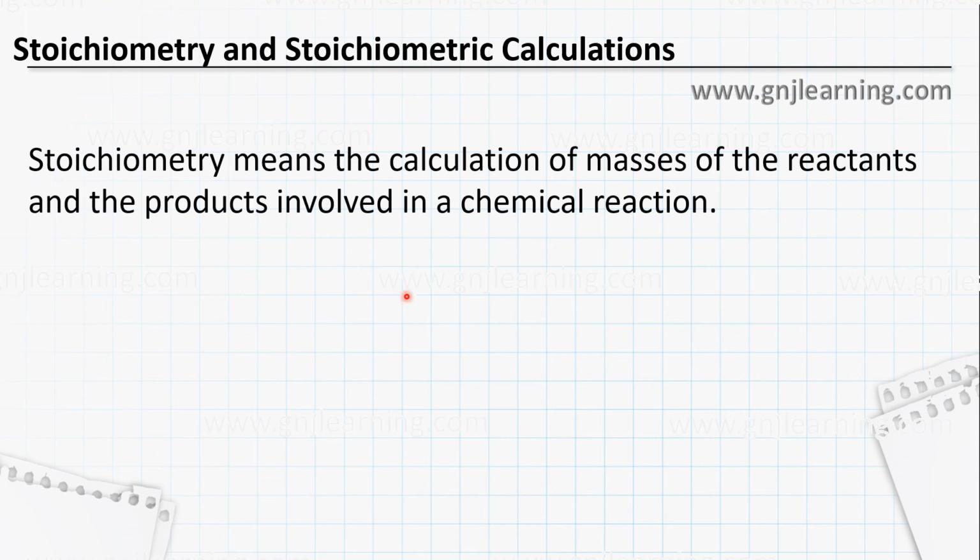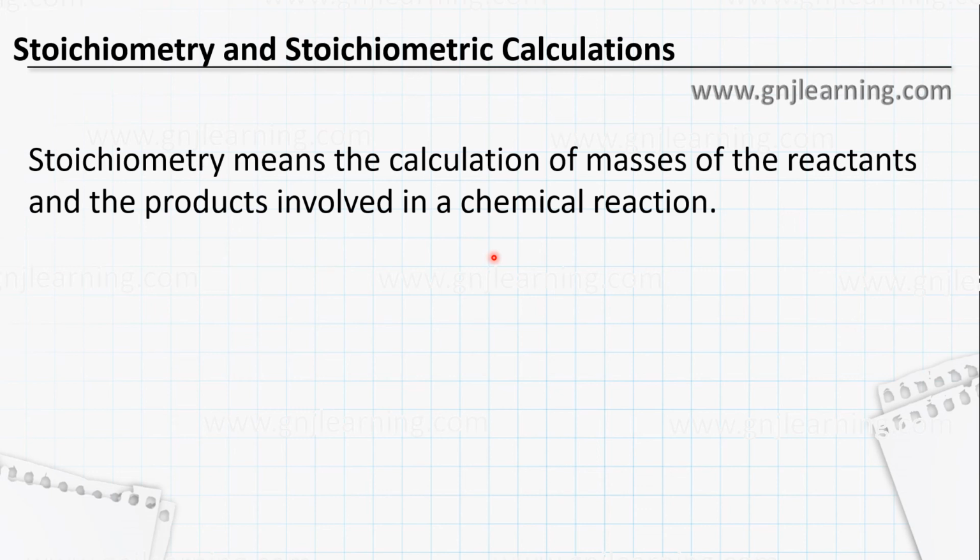So what is stoichiometry? Stoichiometry means the calculation of masses of reactants and products involved in a chemical reaction. So we know that in a chemical reaction we have reactants that combine to give products.